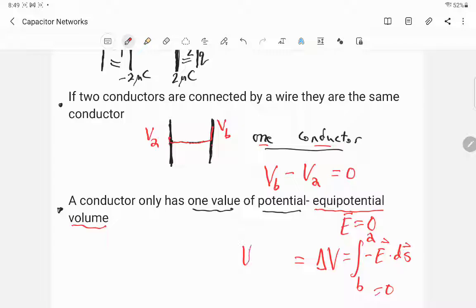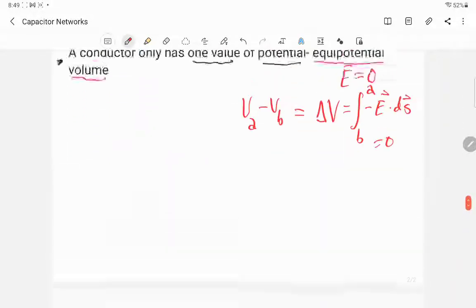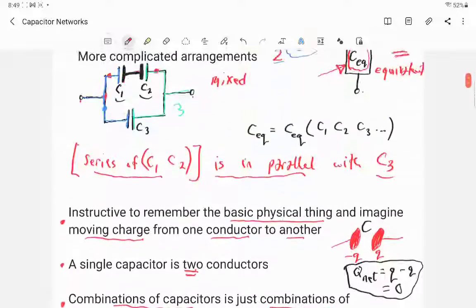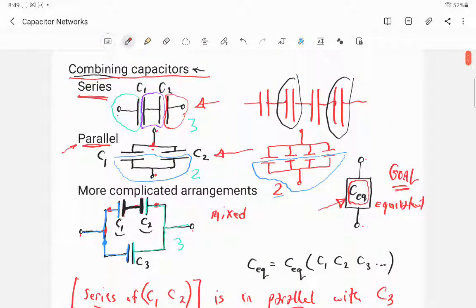And this is the potential difference. It's actually A minus B. I put the order wrong, but if the difference is zero in one direction, the difference is zero in the other direction as well, right? Okay, so these are the basic rules. And now we just have to learn how to use them.